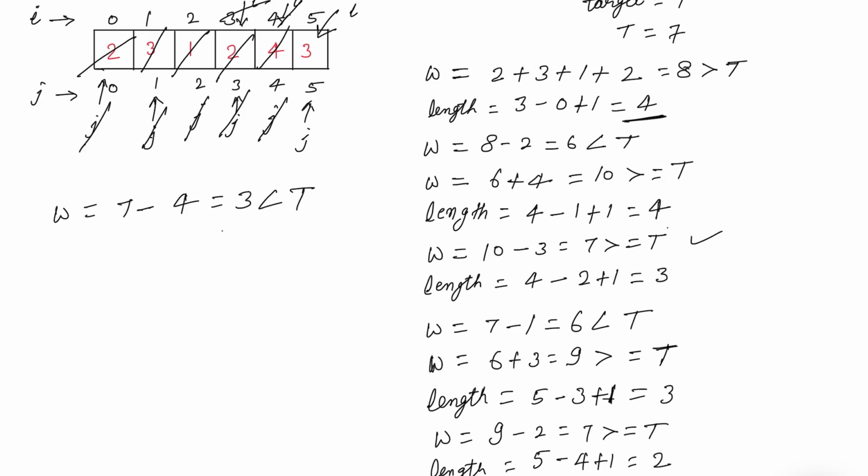This will be 4 plus 3, because if we add 4 plus 3 here, it is becoming 7. So its final length will be updated with 2. That means this is the minimum length. So here minimum length will be 2. That should be its final answer.